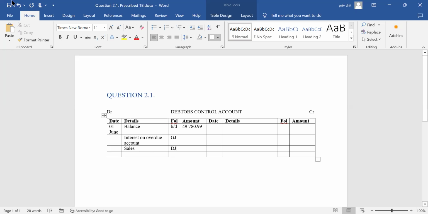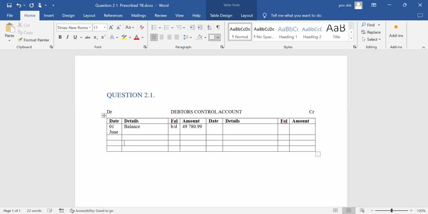Can I do it sequentially so that I don't confuse you? Yes, no stress. I think it's much better. So from the debtors list, the next thing that follows is the debtors journal, right? Yes. And from there we simply take sales, and this will be denoted as DJ.